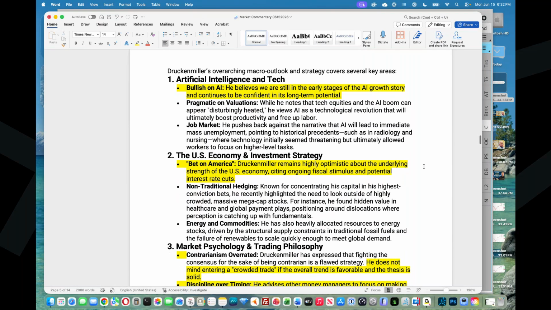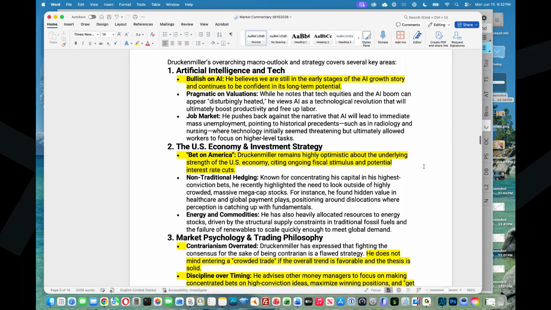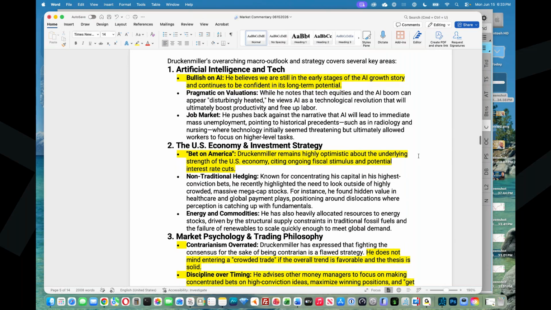So when he talks, I really pay attention to what he's saying, and he feels the same way I do, and the way our group does, right? We're all bullish on AI. We believe we're still in the early stages of the AI growth story, and we continue to be confident in the long-term potential. There's still room to go. That's why we're still in Micron. That's why we're still bullish on Micron.